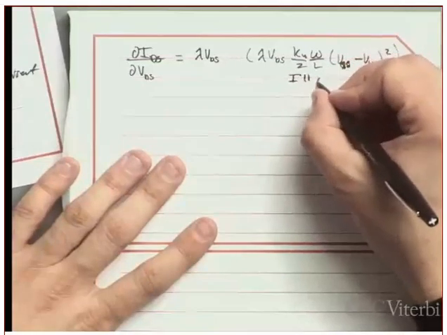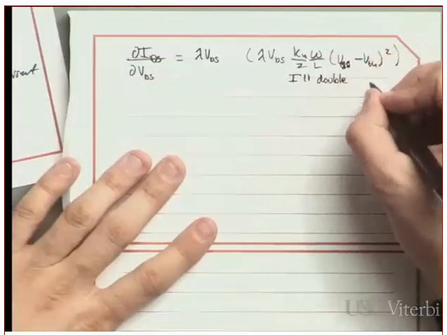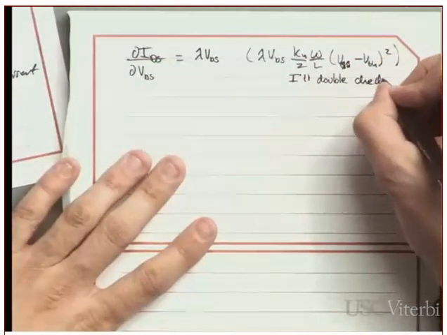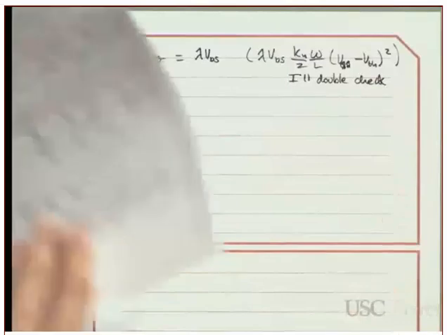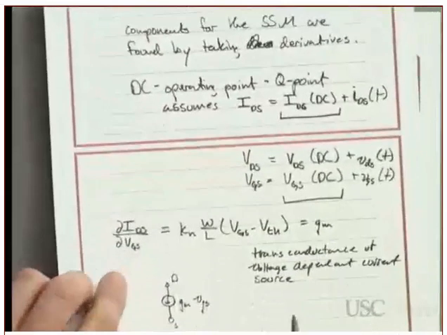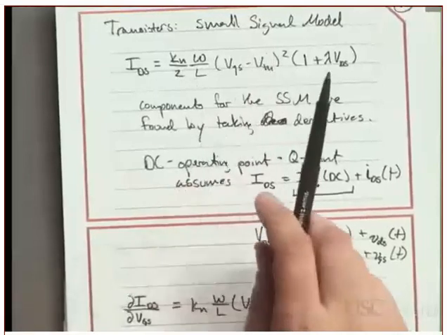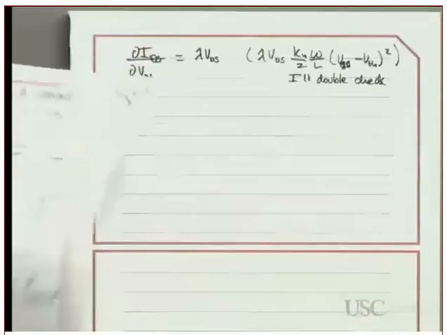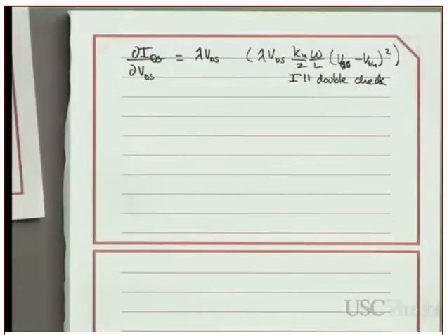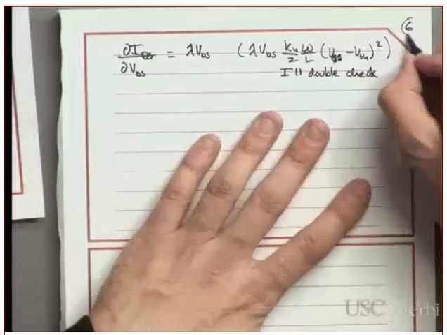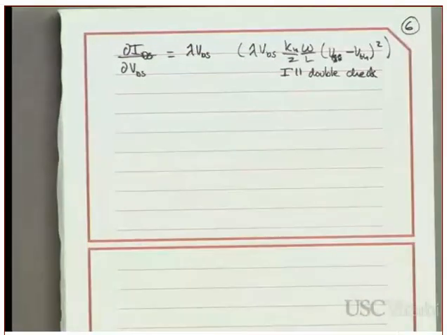Let me write this. I'll double check this one. I just realized just now when I was looking at it that it didn't look quite right. It's the derivative of this with respect to VDS, because all this other stuff should come through when you multiply it by there. I'll look into that and hopefully clear that up for you guys. But regardless, for the rest of the lecture, it doesn't actually matter.